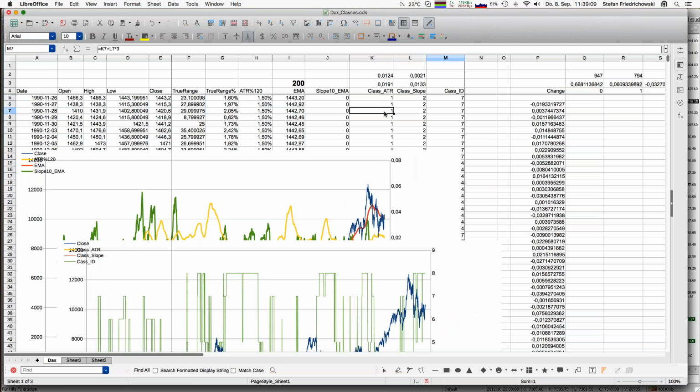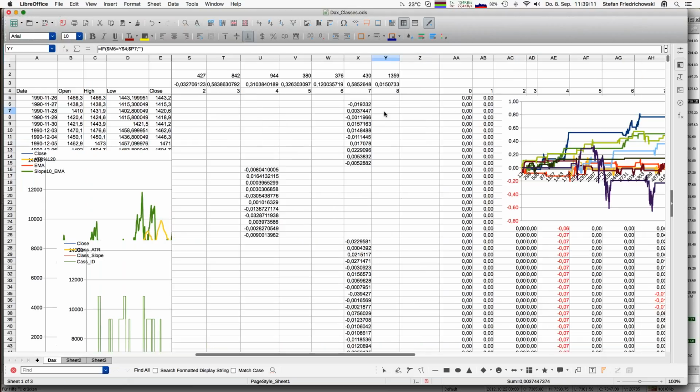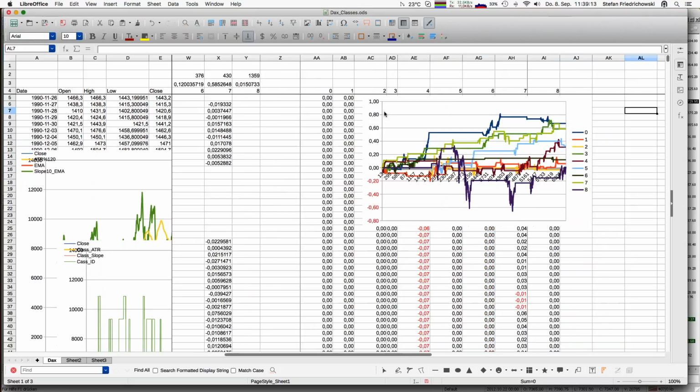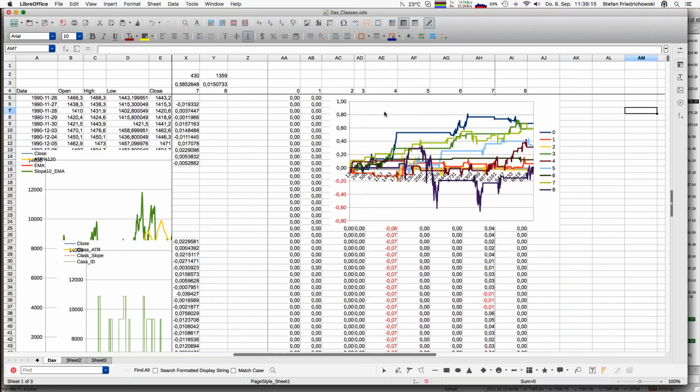Finally, that means if we now go back to this equity plot of the different classes, we find a confirmation for our statement. If ATR is low and the slope of the EMA is high, then all those days would add up quite comfortably.